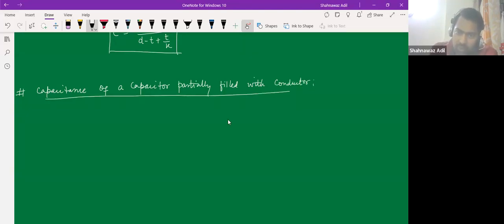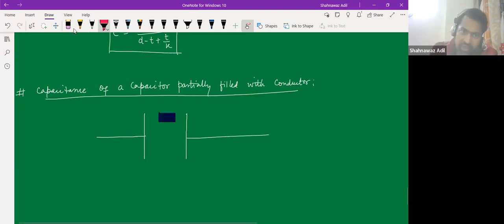Okay, so we again have a capacitor, and it is filled with a conductor. So this is a conductor, right?